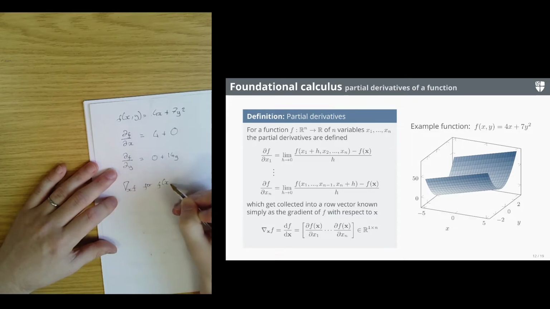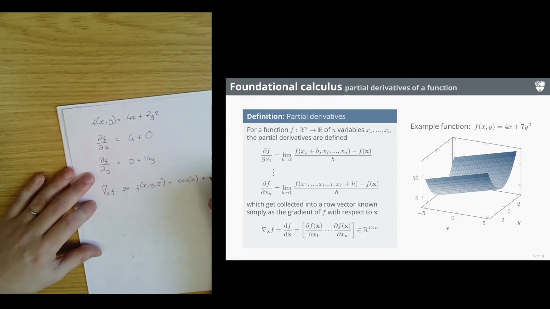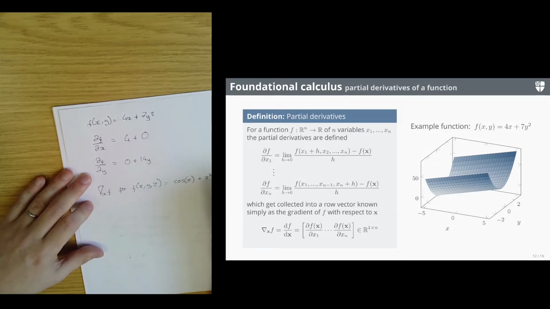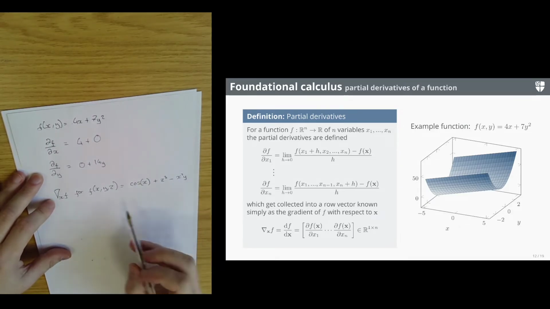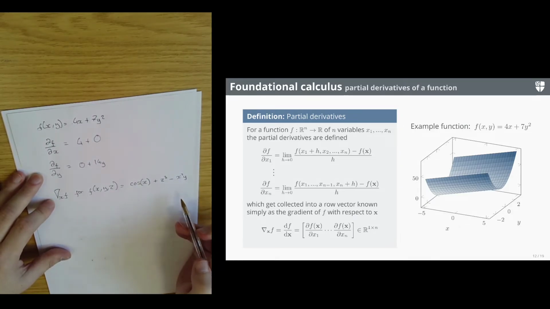The function f is going to be a three-variable function with 3 inputs, and we're going to define it to be cosine of x plus z cubed minus x squared y. You might want to pause the lecture here and see if you can have a go at this yourself.